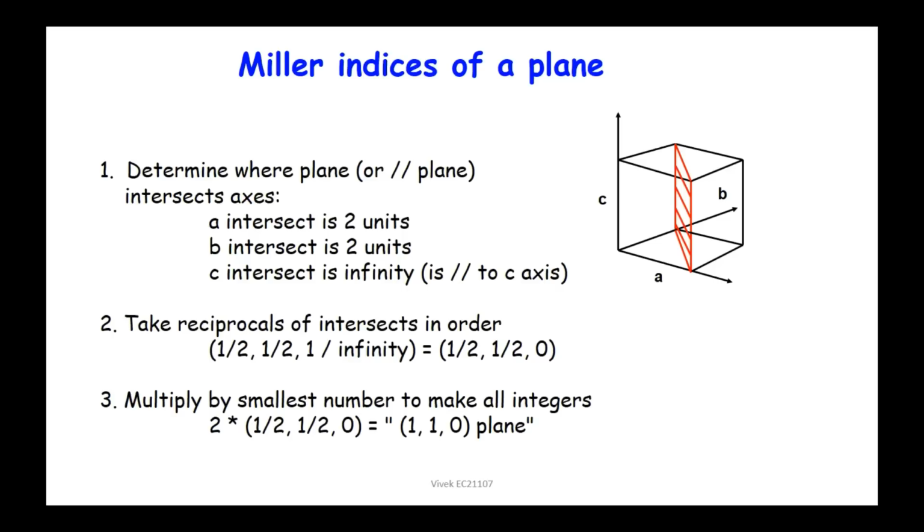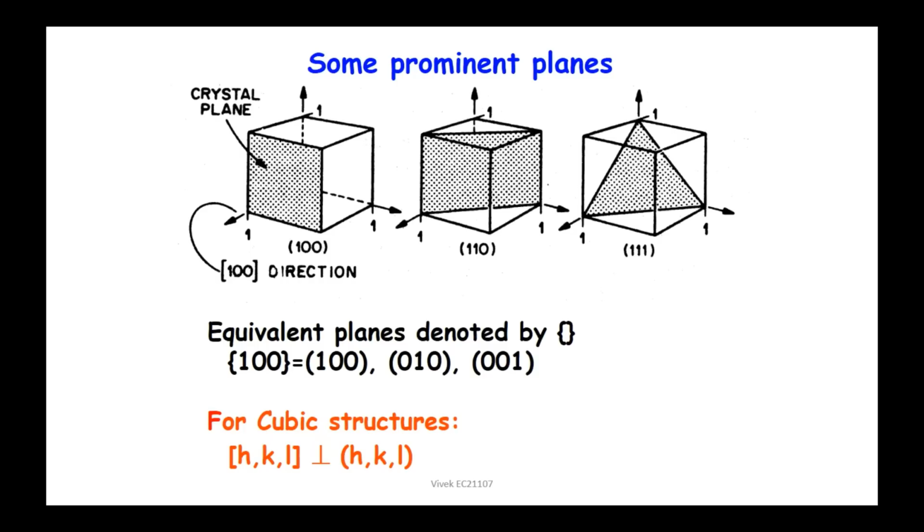Now what is the origin of this thing? This basically comes from the equation of a plane. So your plane is described by parentheses (100), and a direction is described by square brackets [100].